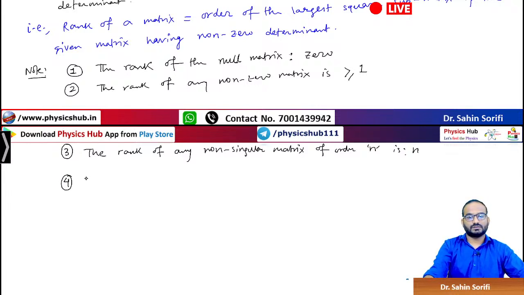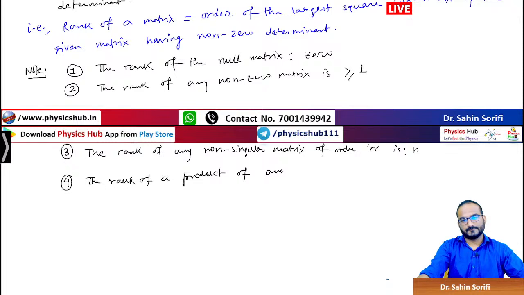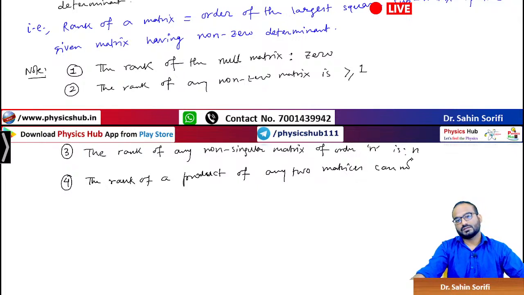Now what about the rank if we take the product of two matrices? The rank of a product of any two matrices cannot exceed the rank of either matrix.